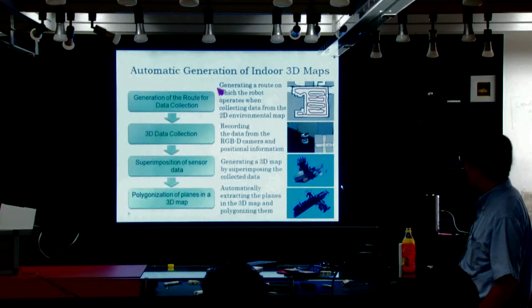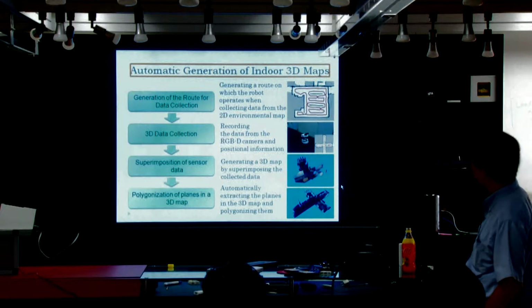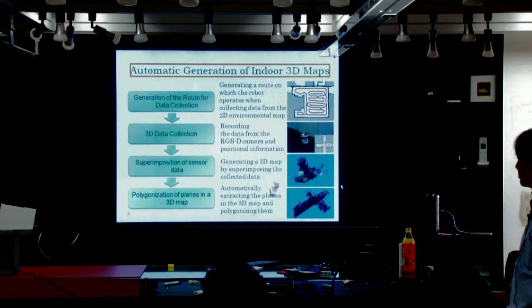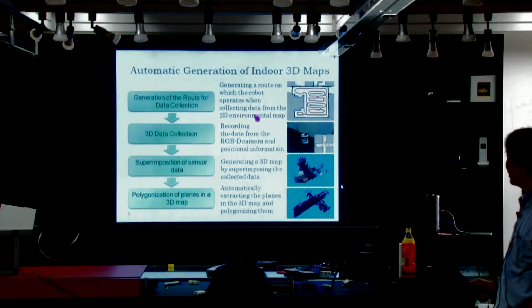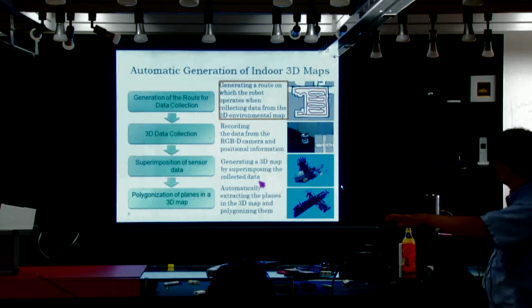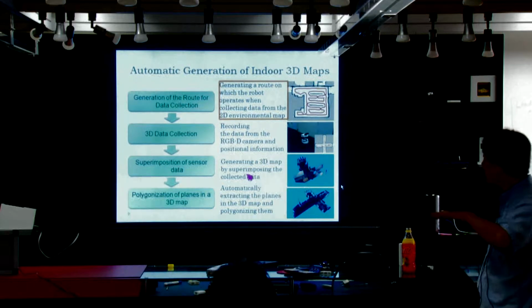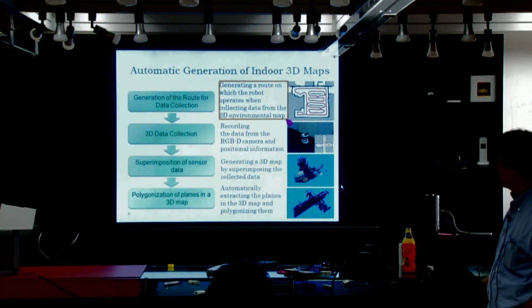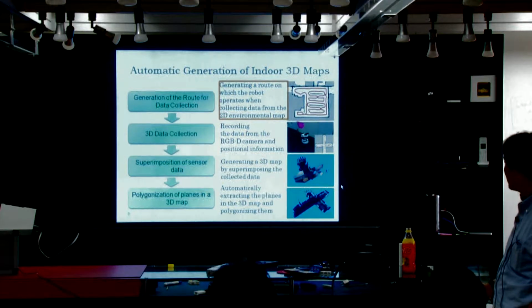So this is the process of automatic generation of a three-dimensional map. First, the robot creates a route on which the robot operates when collecting three-dimensional data from a 2D map. The 2D map is created by SLAM technology.